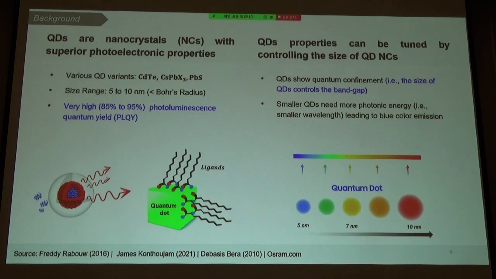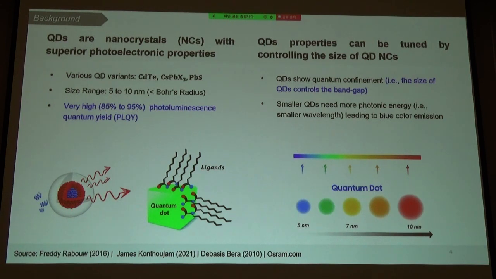QDs, or quantum dots, are nanocrystals, typically in the range of 5 to 10 nanometers, so very small. There are a few widely considered quantum dot variants, and probably the most popular is the second one, the cesium lead halide.